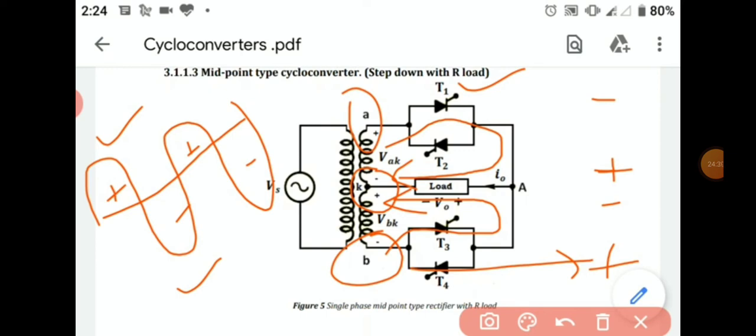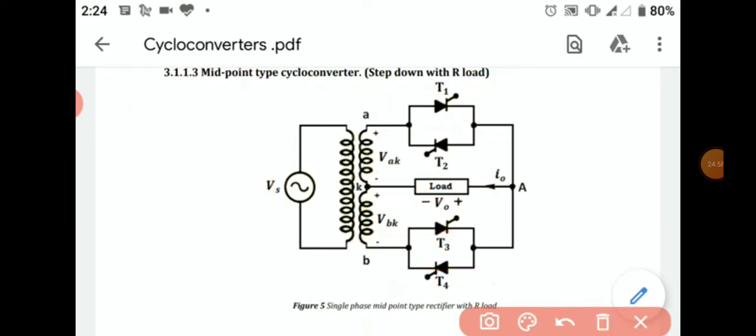So what we have seen, during the first positive and negative pulse, the current through the load remains the same. That is, the current through the load remains positive. So we have just converted a full input cycle into a positive cycle.